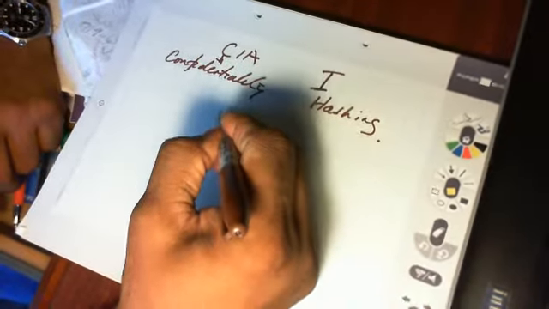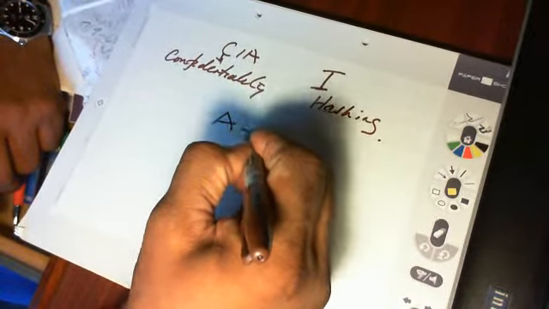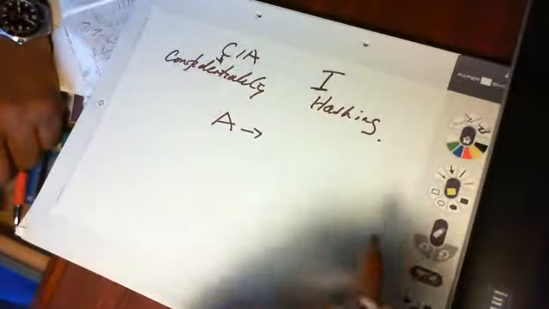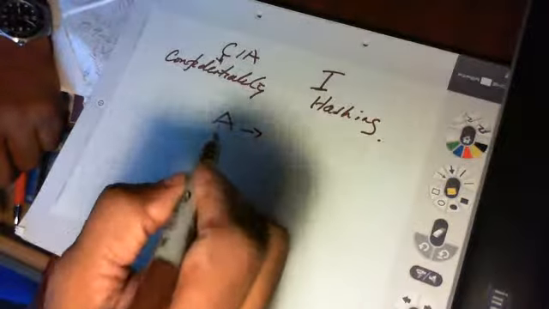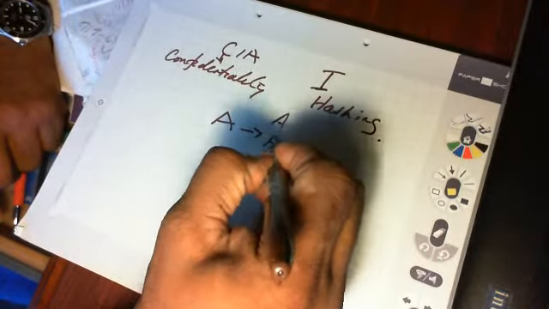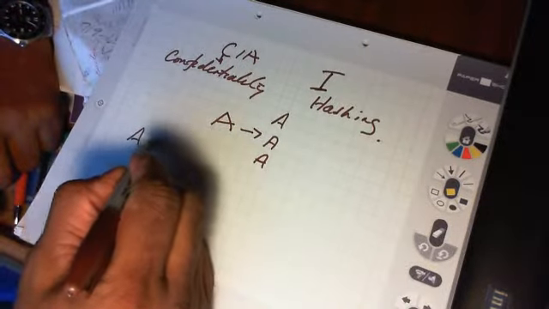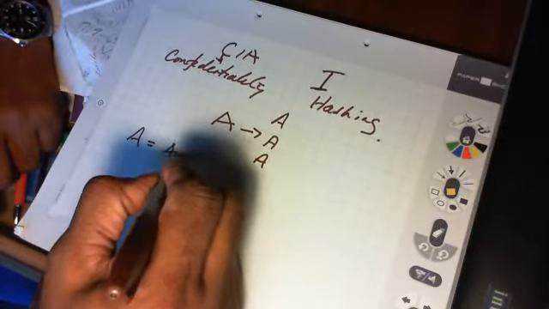And I said we were going to talk about the A, which is availability. Availability is divided into three components, AAA, and I think we mentioned that already. The first A is for authentication.